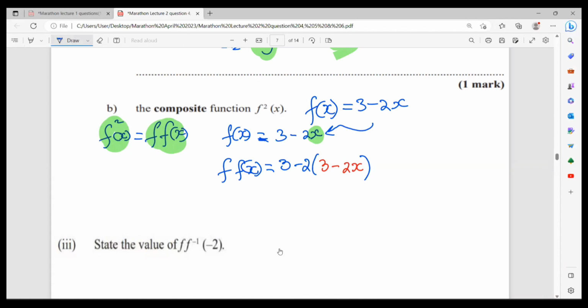Then you carry out your math. 3 is okay. Now you're going to have to distribute. So the whole game changed now. -6 +4x. Then we simplify. So now this becomes -3 with a 4x. Or you could have written 4x with a -3.